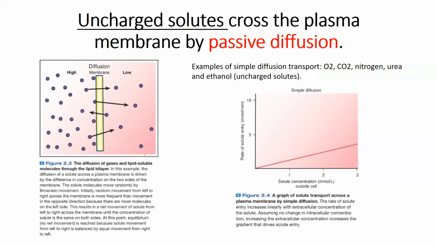Now with simple diffusion, as I said, certain molecules cross the membrane easily, okay, like steroids, gases, okay, and so basically they move down their concentration gradients from an area of high concentrations to an area of low concentration. And so in this way, the rate or the speed of transport for these molecules is dependent on how big is the difference between the concentrations of this molecule inside to outside.